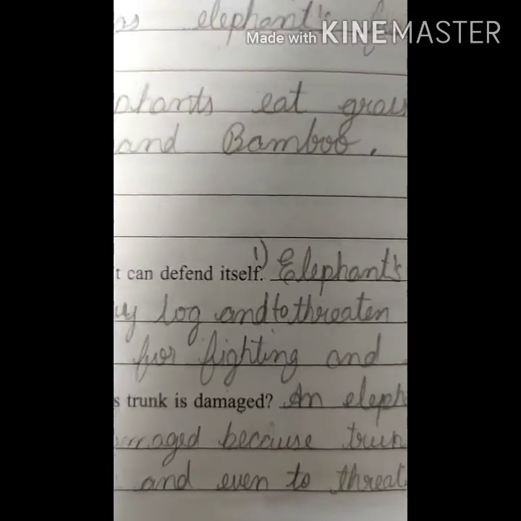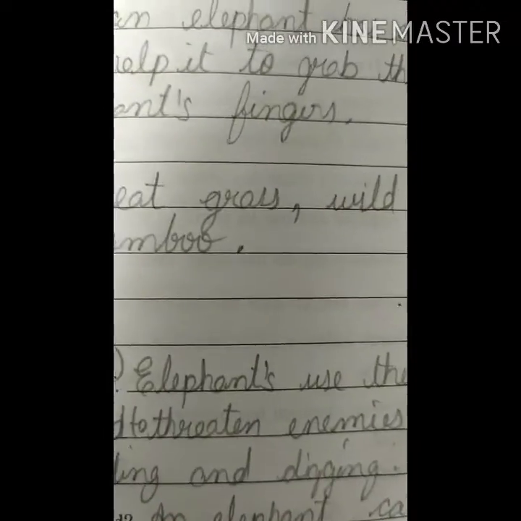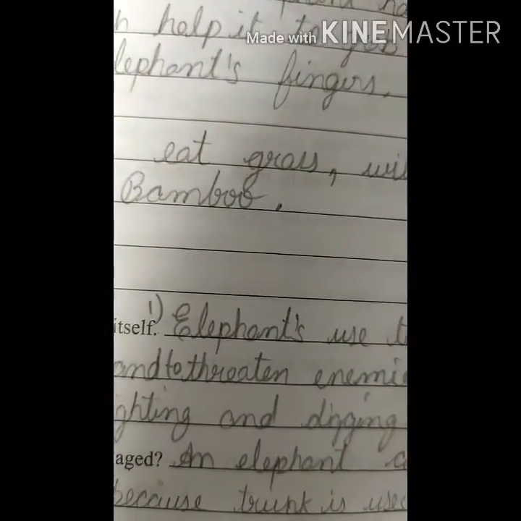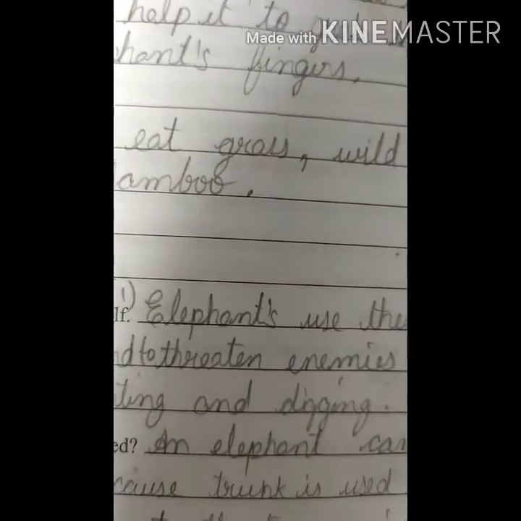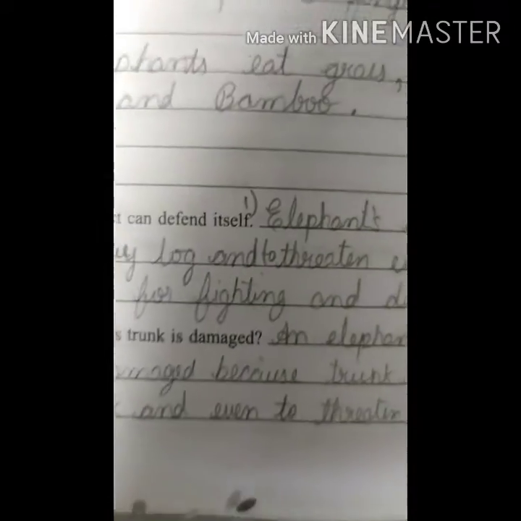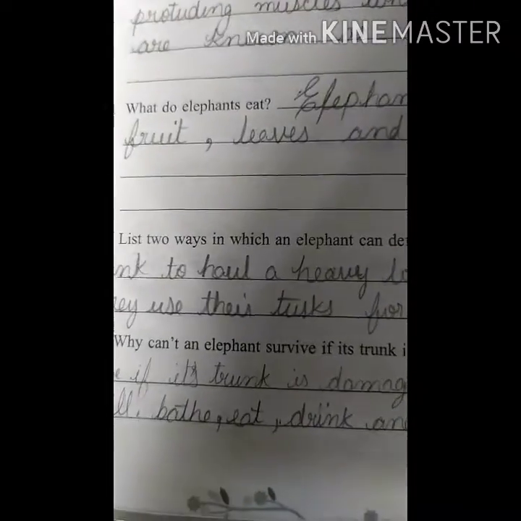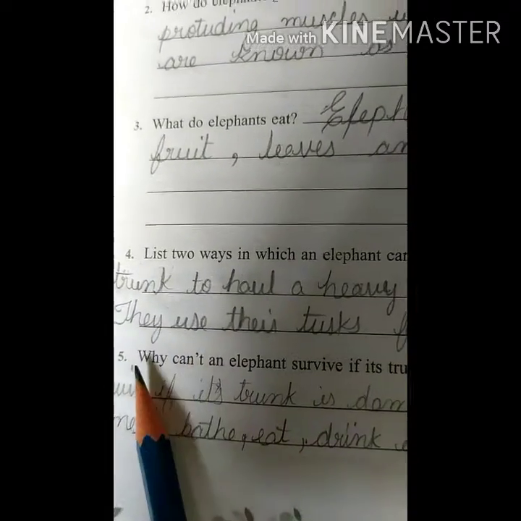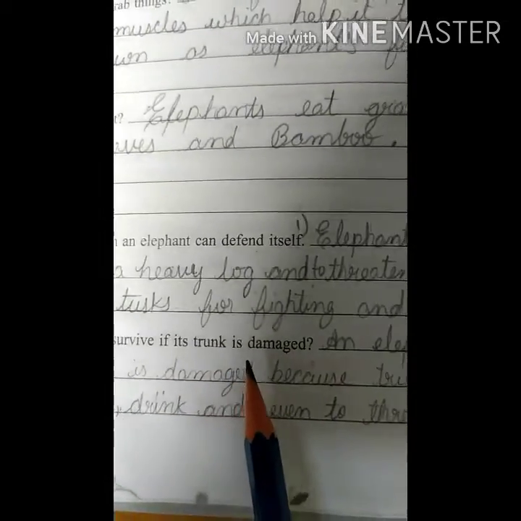You feel very dull, you feel very painful, right? So if their trunk and their tusks are damaged, how do they feel? Yes, they also feel wounded and pain. Yes, even though they are animals, right? So they also can feel pain. Yes. Why can't an elephant survive if its trunk is damaged?